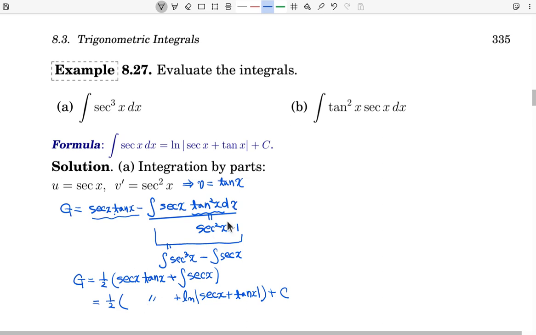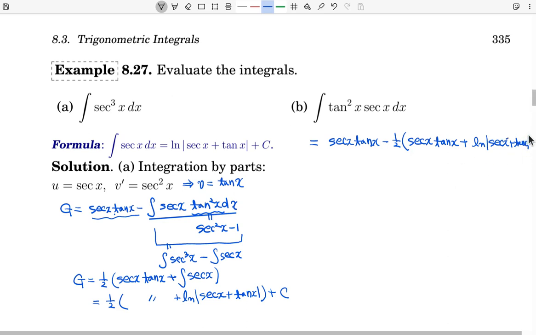We already got this one, so from part A, we can see that it is the same as this term minus g, so that is sec x tangent x, minus g, minus one half of sec x tangent x, plus the logarithm of the absolute value of sec x plus tangent x, absolute sign closed over there.